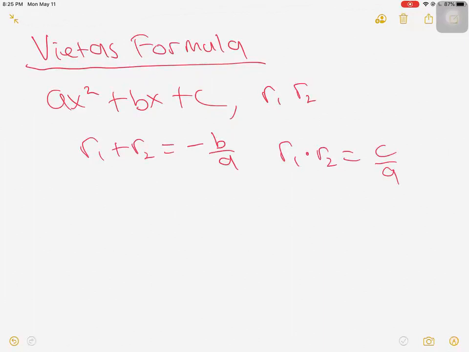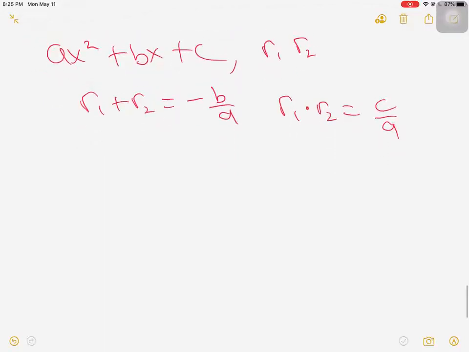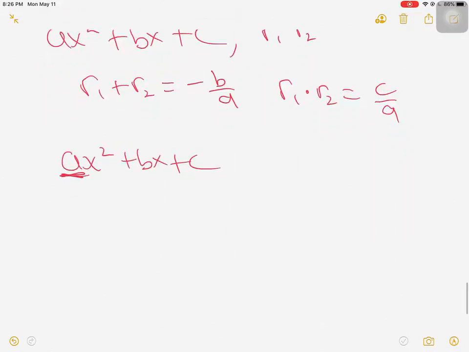And this proof is basically the same thing as factoring. What we do is, we don't want this a coefficient here, so we can just divide it out and get x squared plus b over a x plus c over a.